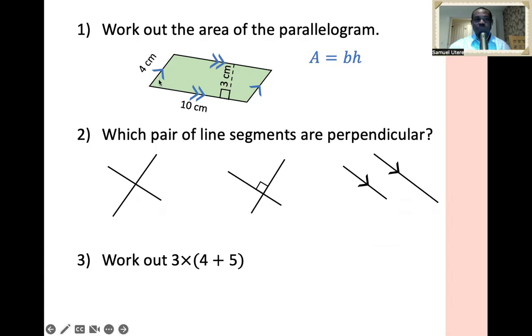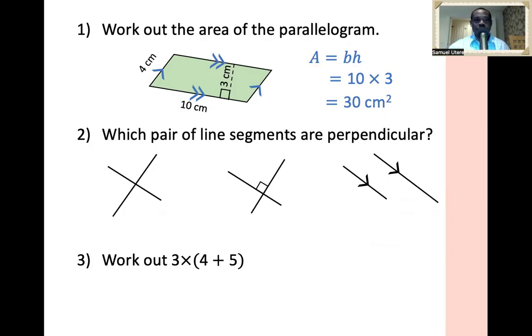We could use 4 as the base, but there is no perpendicular height to the 4, so we ignore that one. We're interested in the 10 because we know the perpendicular height to the base of 10. So the area is 10 times 3, which is 30 centimeters squared.